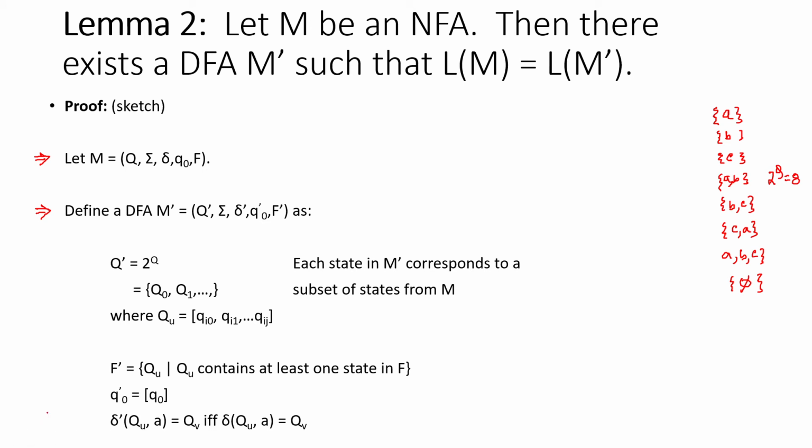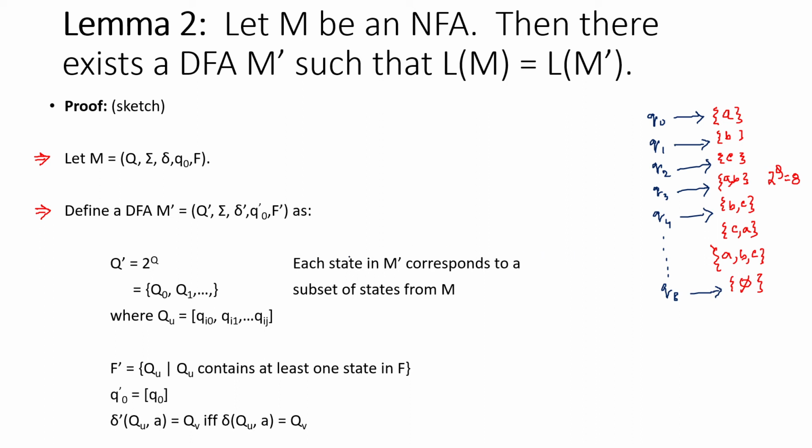Say this one is q0, q1 is this in my DFA, in the equivalent DFA this is q2, this is q3, this is q4, and maybe this is q8, and so on.